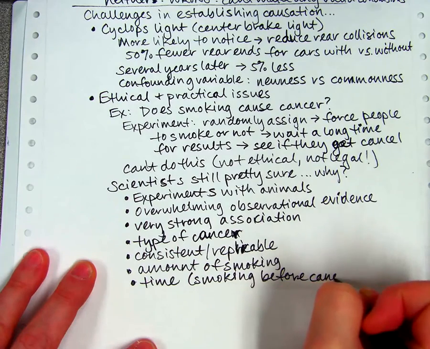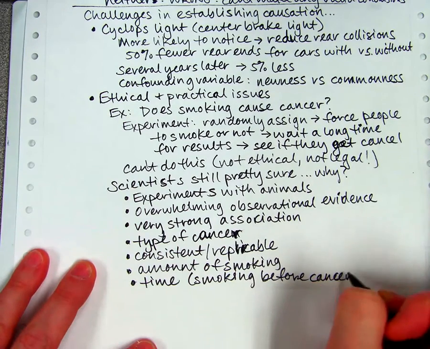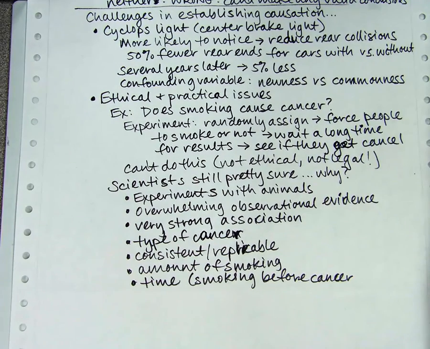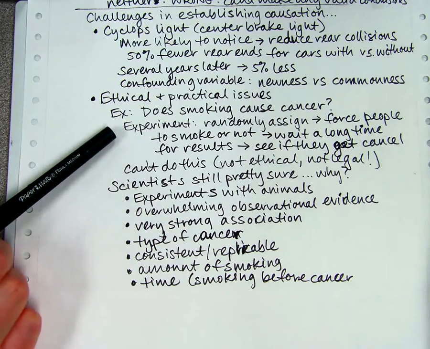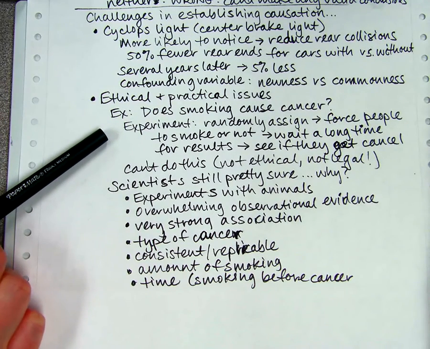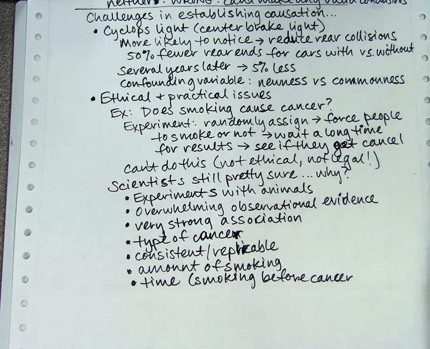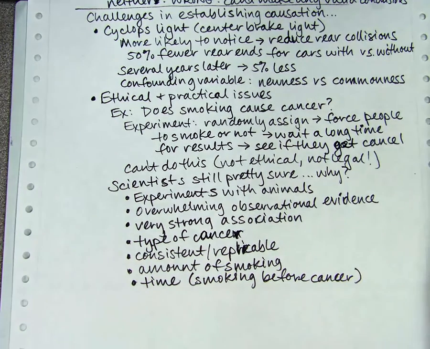So scientists use all of this as evidence, and some statisticians used to argue really strongly that because we can't prove it with an experiment, that we can't prove that smoking causes cancer. In fact, some of the famous people who argued that argument were ones that like to smoke. And that's like, oh gosh, you can't believe them. But they would argue that because we can't prove it with an experiment, that it's not true.